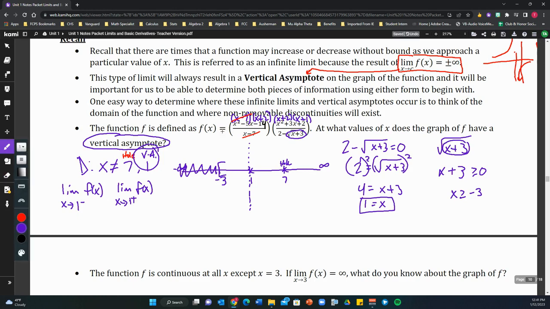Those two limits, as we approach from the left or from the right, we don't know exactly, without going into more detail, which one it's going to, but we know that each of those is heading towards either positive infinity or negative infinity by definition. So again, this is what we talked about a few minutes ago. Every time you can identify a vertical asymptote, you know for sure that the limit as we approach that value of x from each side is either going to go up or down forever without bound.